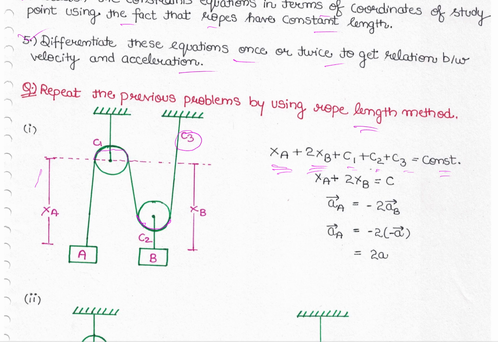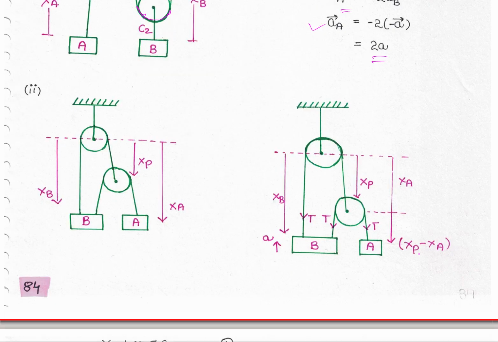Okay, so xA plus 2xB is equal to c, or a of capital A is equal to minus 2aB, or a of capital A is equal to 2a. For above two problems, we can easily find the acceleration of any body using the rope method.